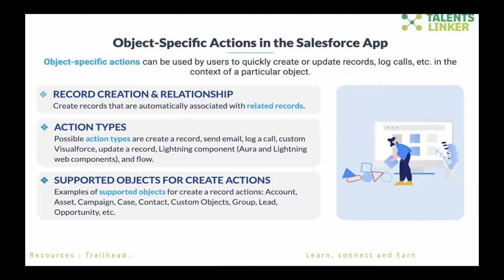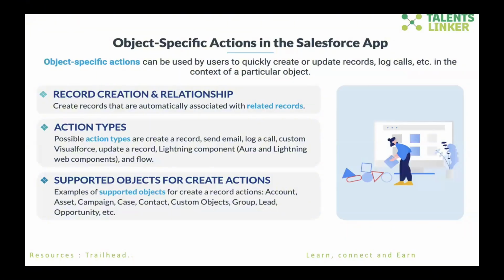So we go to an account to create a project. Just because there is an established relationship between our account and project, we can create an object specific action on our account to create a project. Then if we do that, it is going to have a direct relationship with our account immediately. That means that particular project can happen if we, let's say, John LLC.